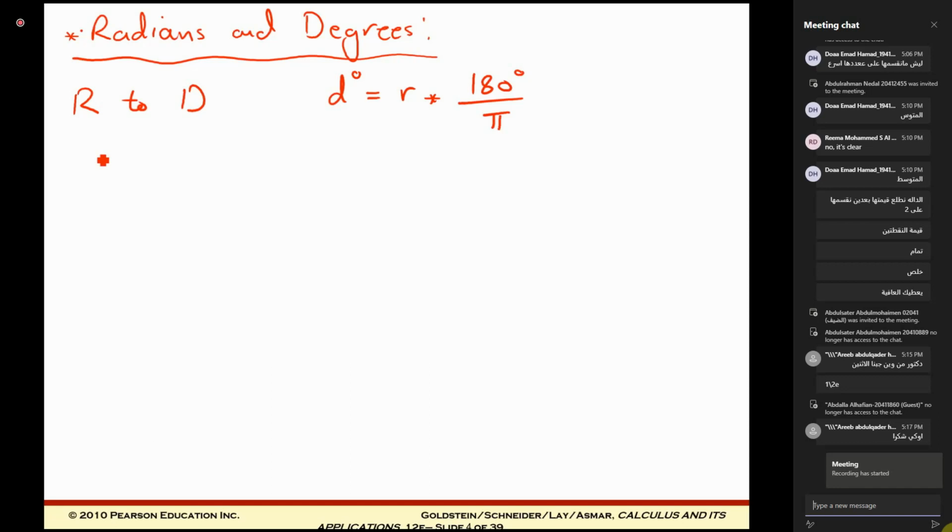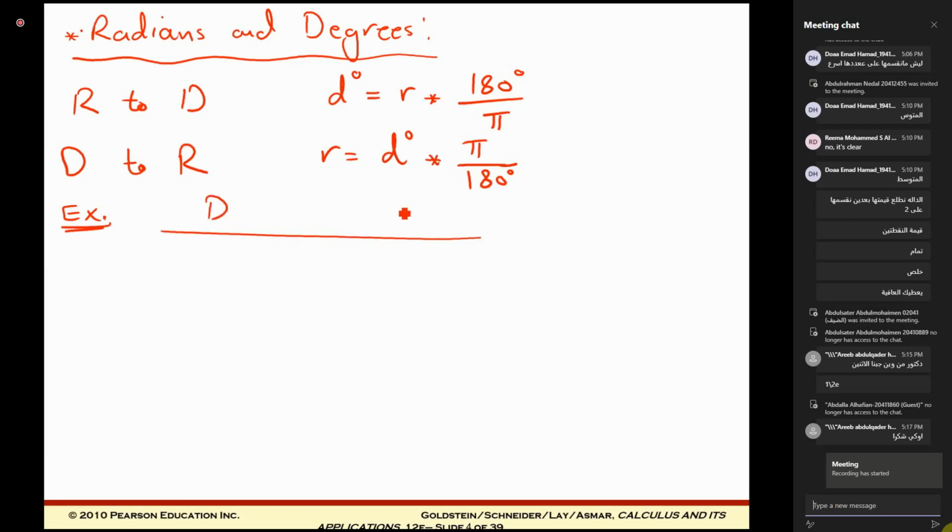And if we need to convert from degree to radian, so we have the degree multiply by pi over 180, so the result is the angle in radian measure. Example, this is the degree and this is the radian.